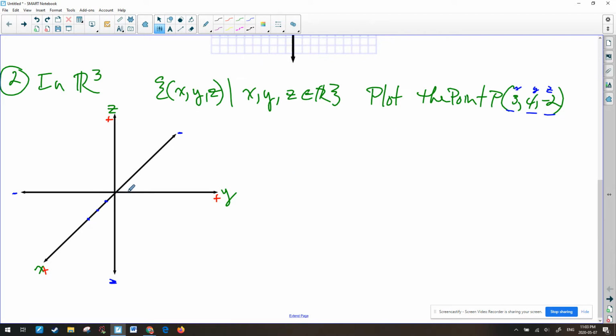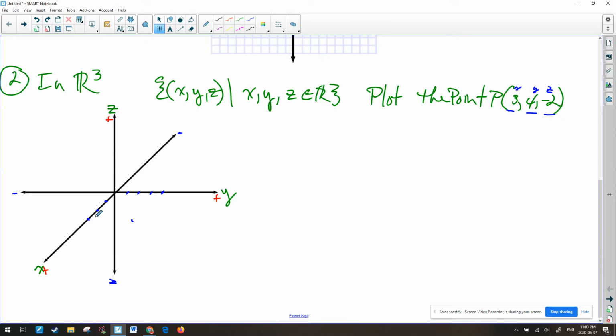So try and keep the spacing comparable. There's 1, there's 2, there's 3, and there is 4. I need to traverse out that distance from this spot right here, so it's going to take me out to about there.